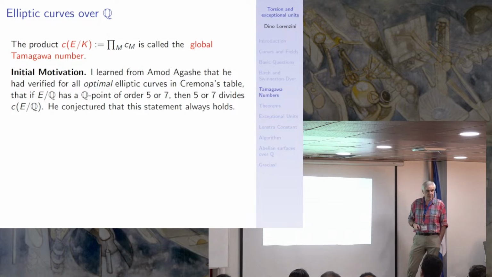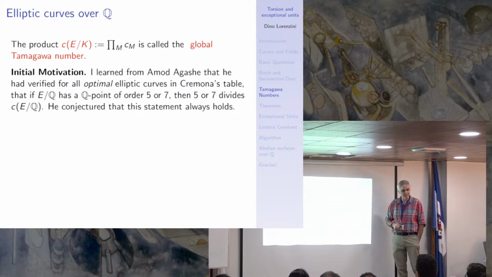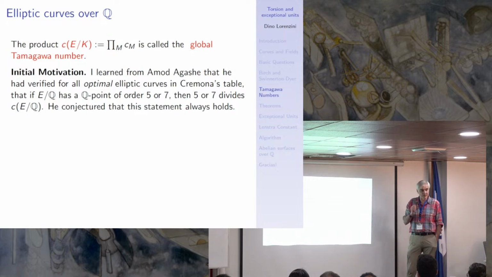And he conjectured that that should always happen. Once you make enough computations, you believe some statements. That's the power of what we have now about being able to make computations that we didn't have 40 years ago. You can make a conjecture here and be pretty sure that it is correct.